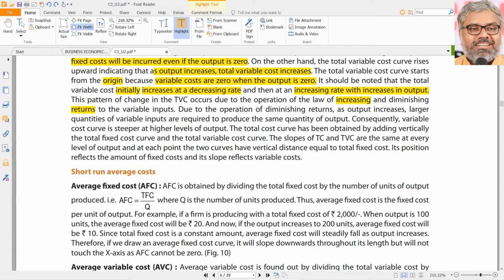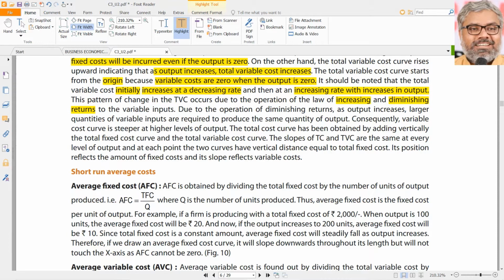When the production is giving increasing returns, cost will not be increasing fast. It will be increasing at a decreasing rate, which is a positive thing. So production is increasing, costs are also increasing, but not at an increasing rate, but at a decreasing rate. Whereas after some time, once stage 2 is entered, diminishing returns will start to the variable inputs.